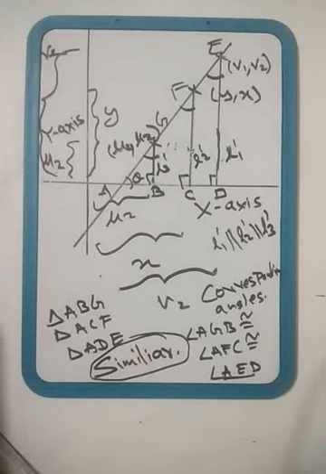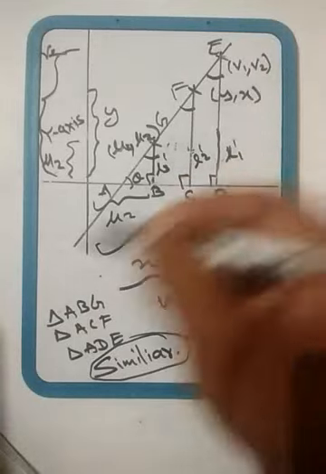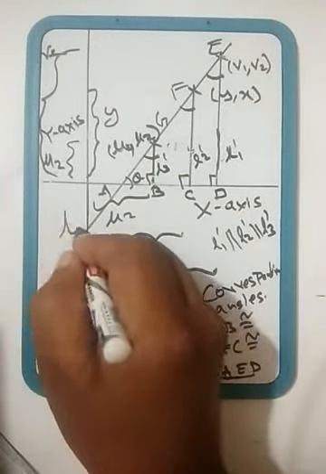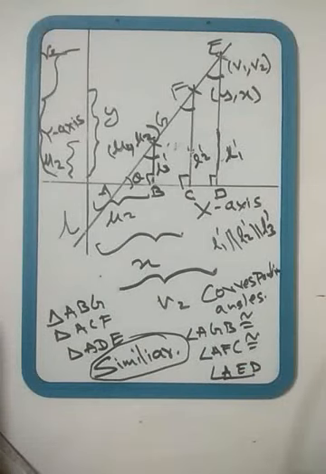Now let me rub the below part so that more space is there. This is our line, let's call this line L. We are trying to find the equation of this line. We have 2 points on it, (u1, u2) and (v1, v2).